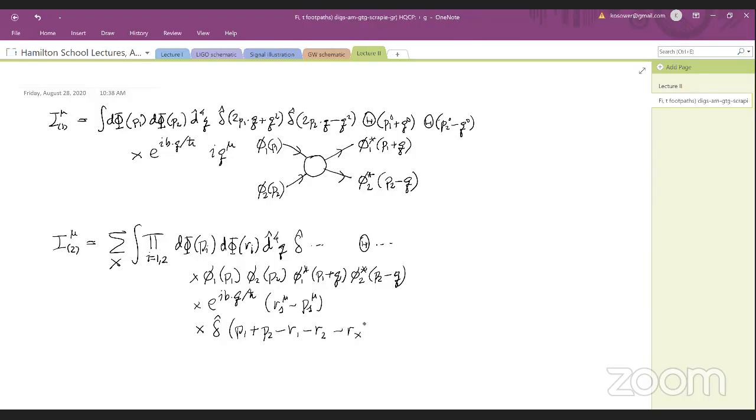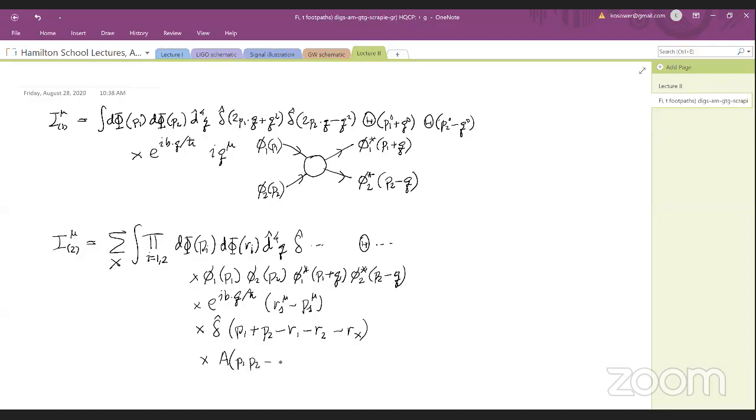So again, Rx here stands for the momenta of all the additional particles that might be present in the initial state. Of course, there's both a T dagger and a T, so we've put in that intermediate state, and we now have a product of two amplitudes.